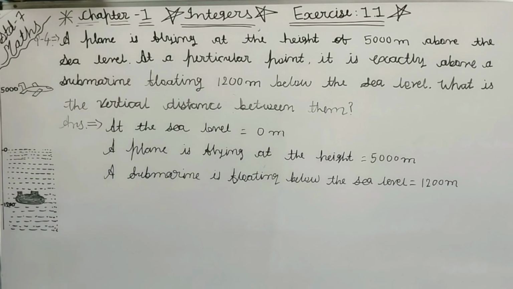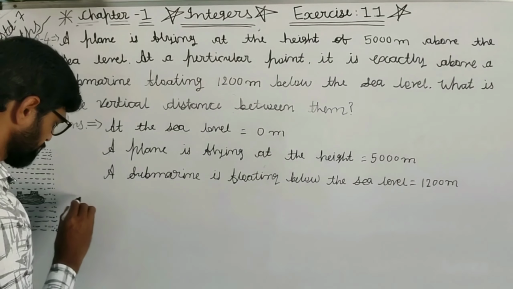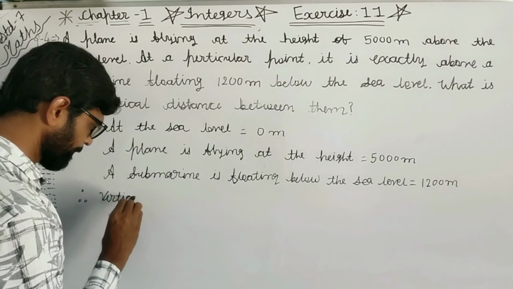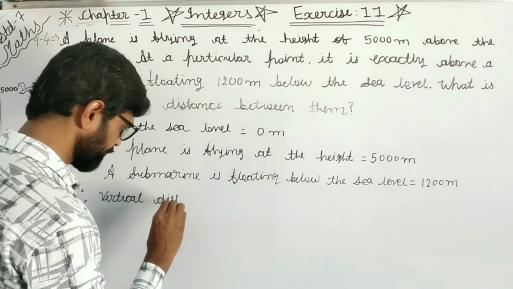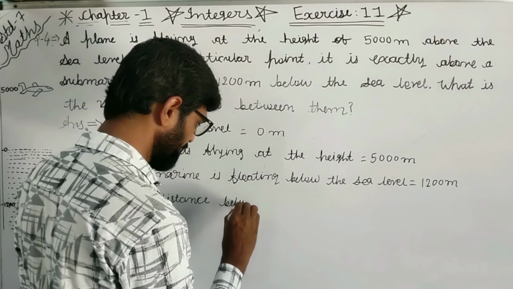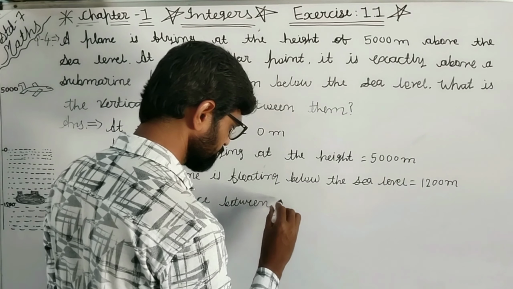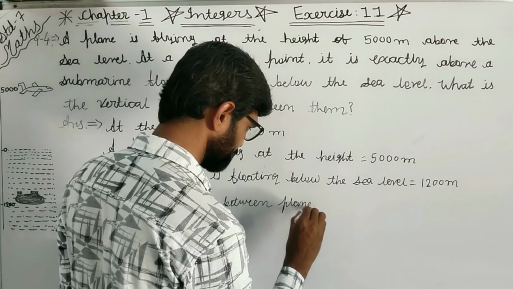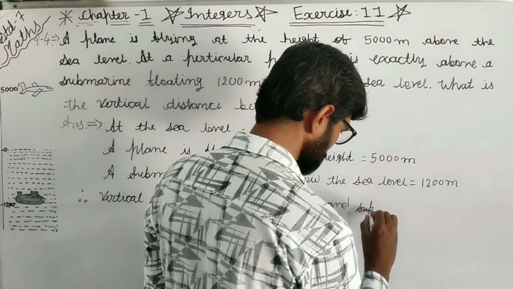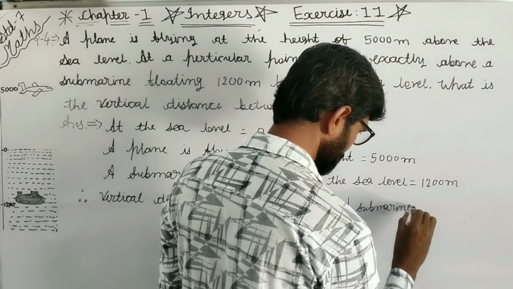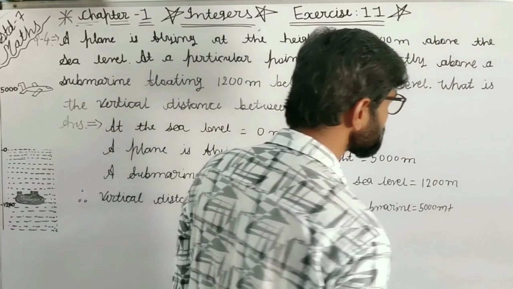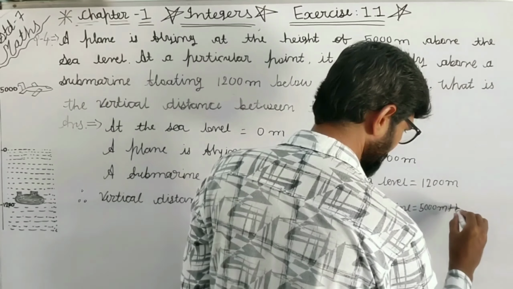Now, our question is what is the vertical distance between them? So the vertical distance between the plane and submarine is equal to, first of all, 5,000 meters plus 1200 meters.